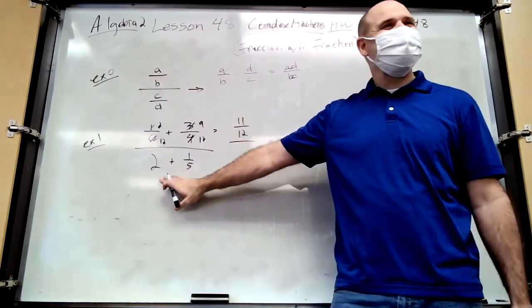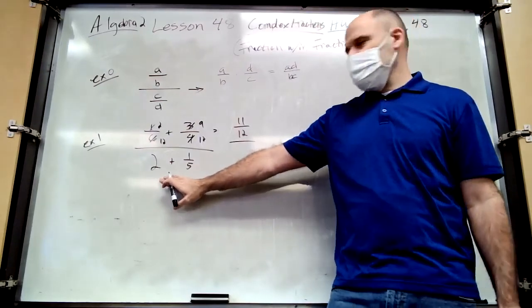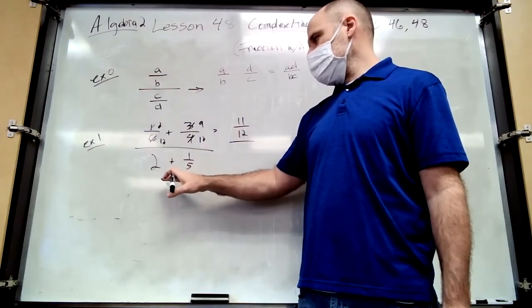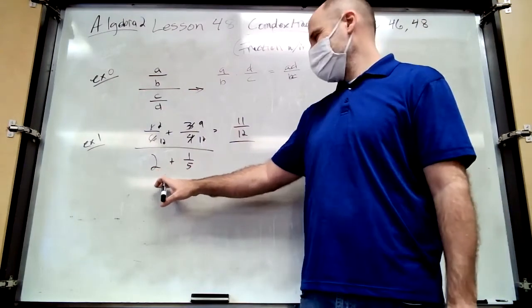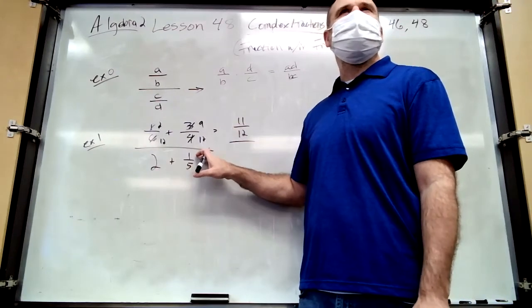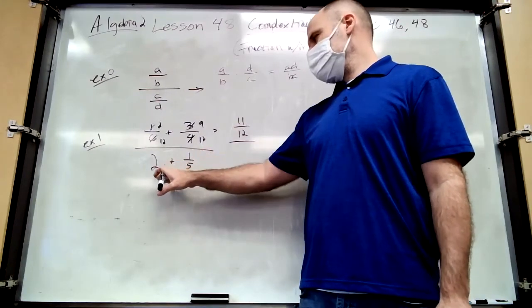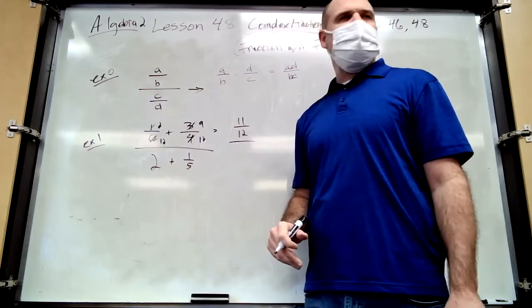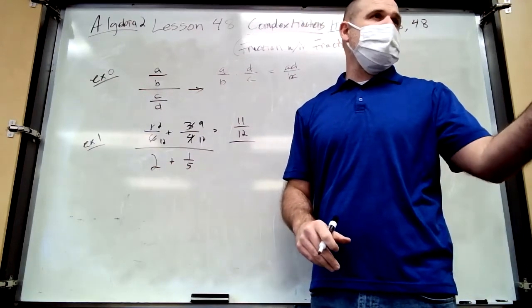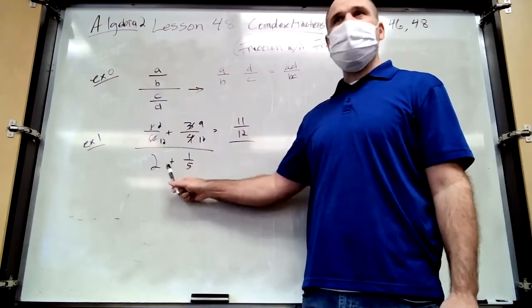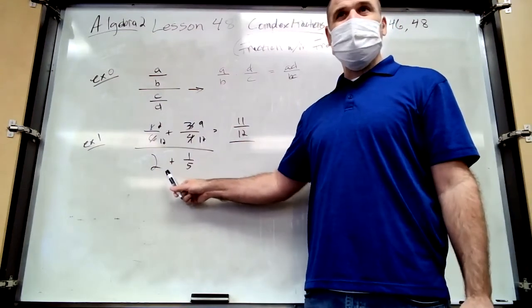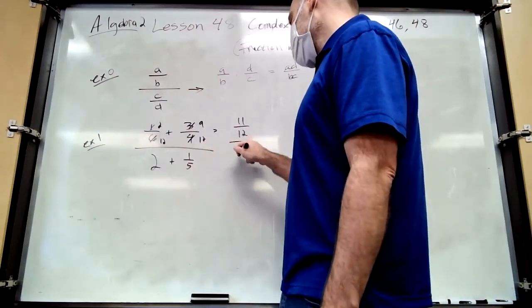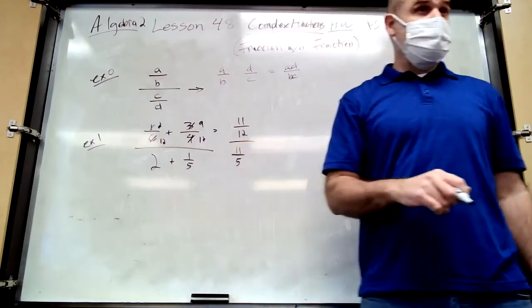And then the bottom is 2 and 1/5. Here's an easier way. This is just a mixed number, 2 and 1/5. So 5 times 2 plus 1, 11/5. See what we did there?